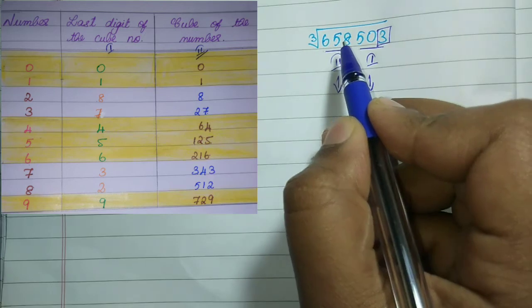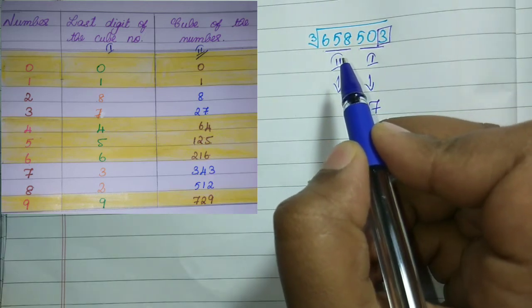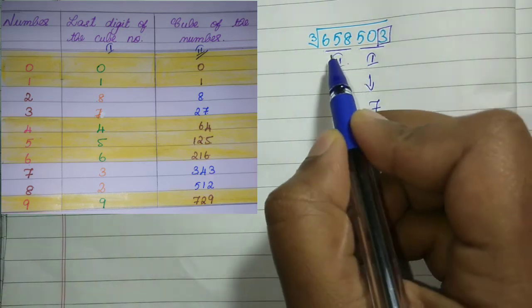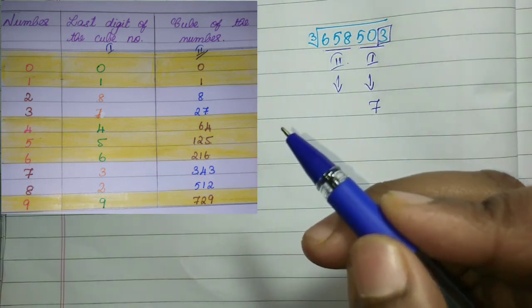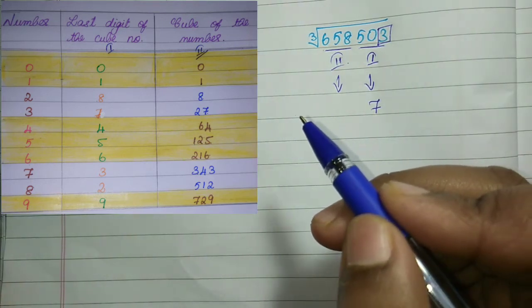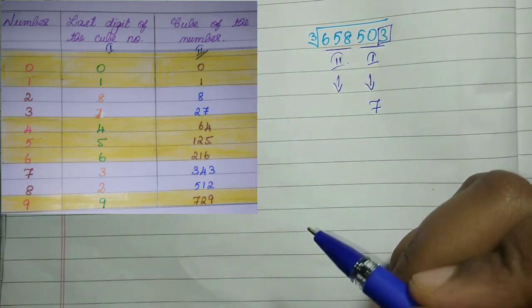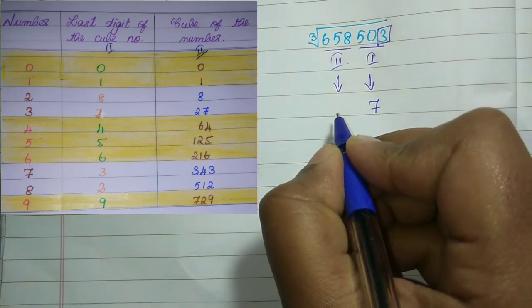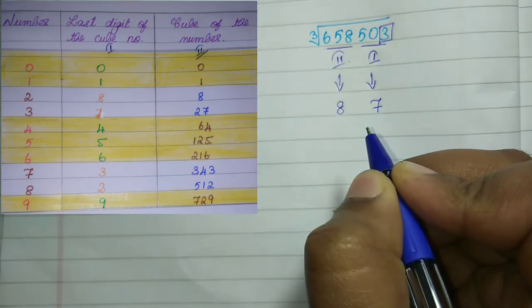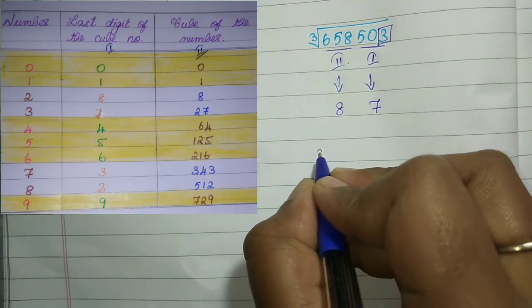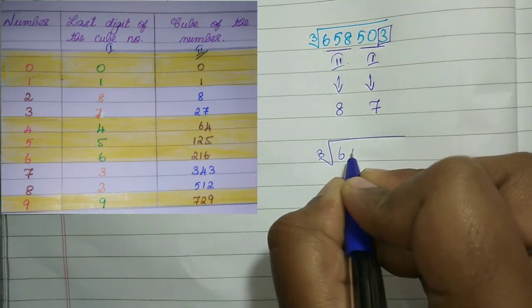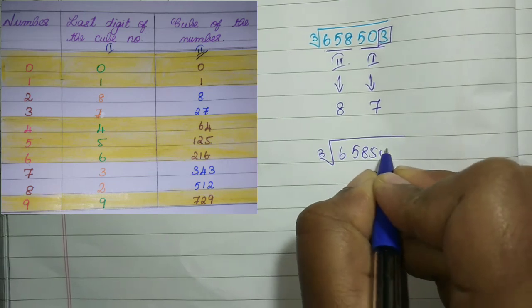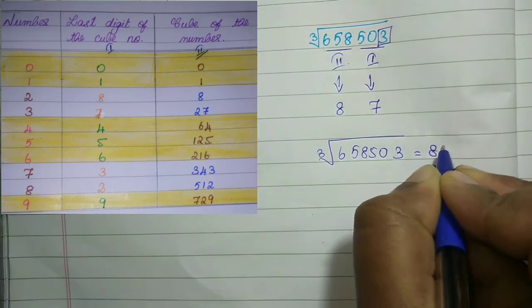So 658 is here. So which number should I take? I have 512 and 729 for 8 and 9 respectively. Which number should I take? Just check in the table. So it is for 8. The number should be 8. So cube root of 6,58,503 is equal to 87.